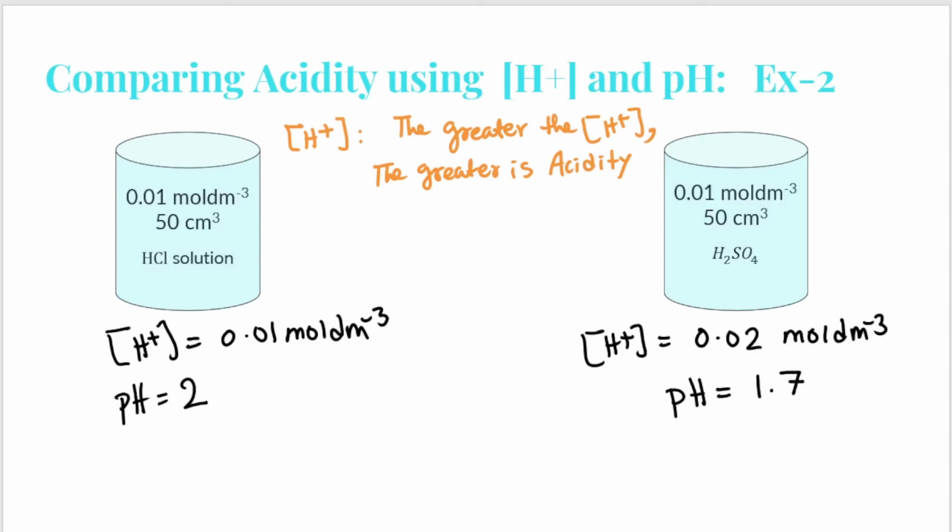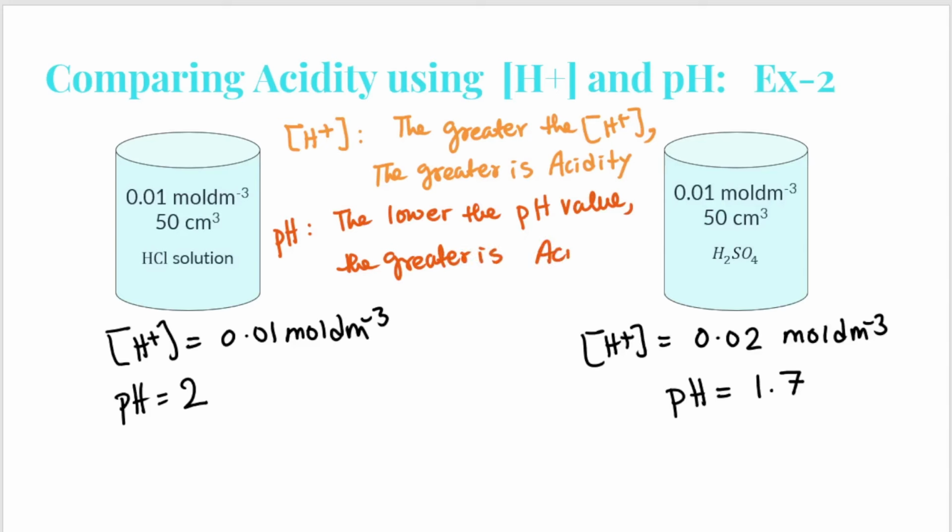And for pH values, the lower the pH value, the greater is acidity.